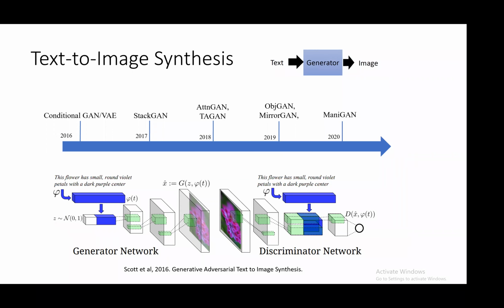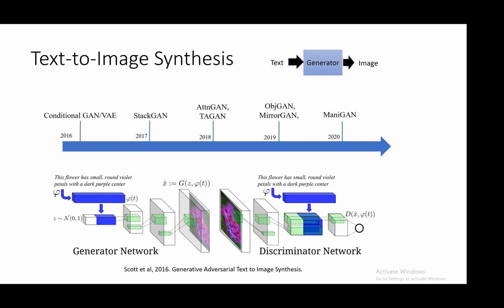The answer is yes. And we can do it using a very simple conditional GAN or VAE framework. Here is a simple framework using conditional GAN. The input of the conditional GAN is the text description and the real image. First, we encode the text description into hidden vectors.